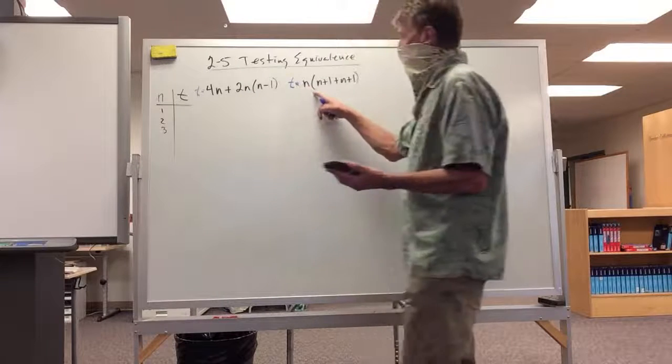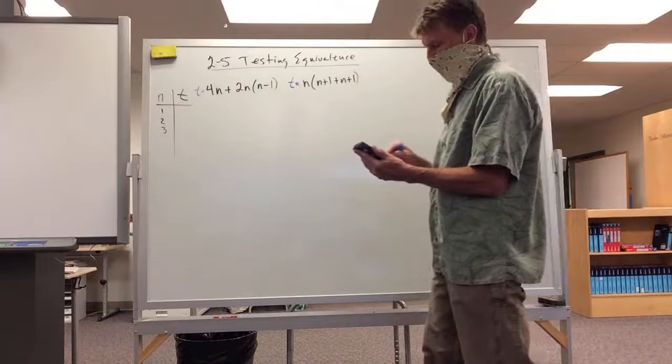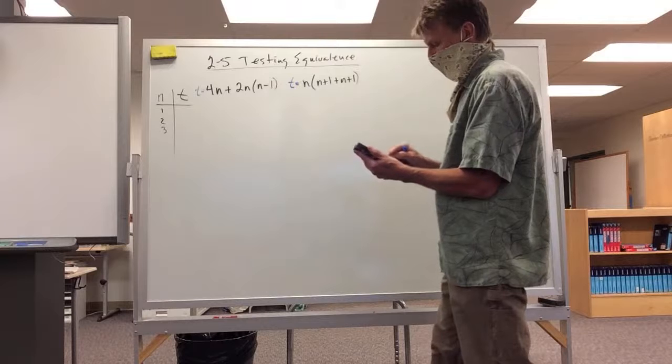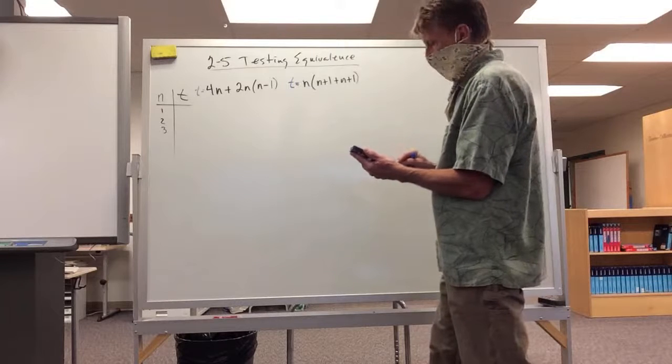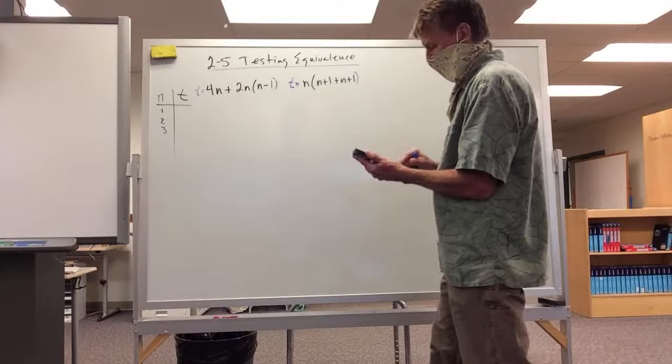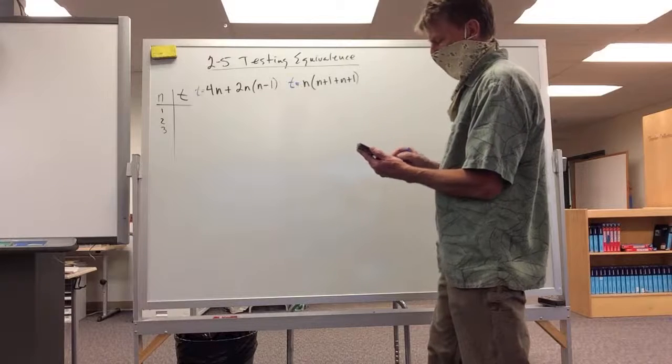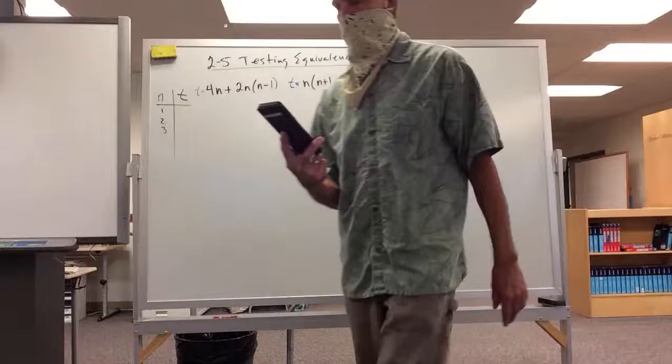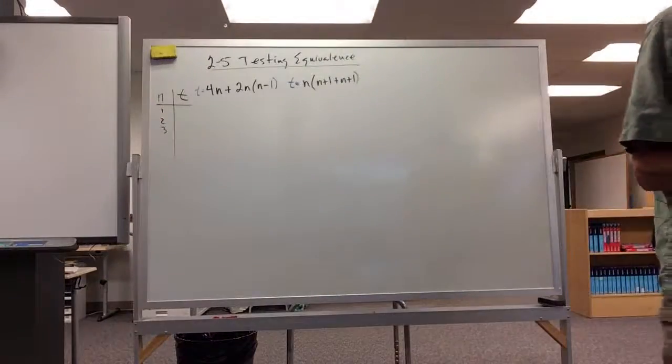And then enter the other one in y sub 2. Before you do anything, take a look and make sure what you have entered is what we want to have entered.